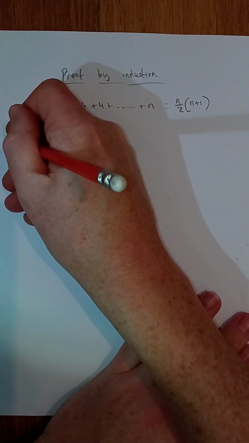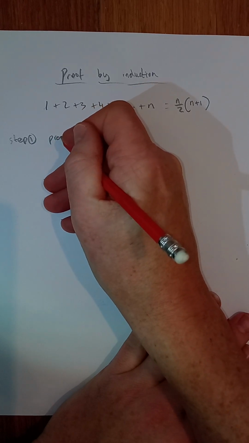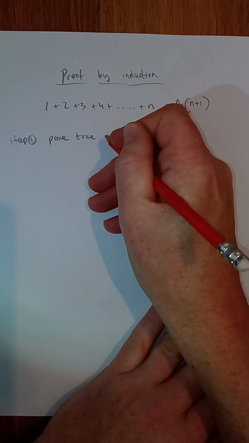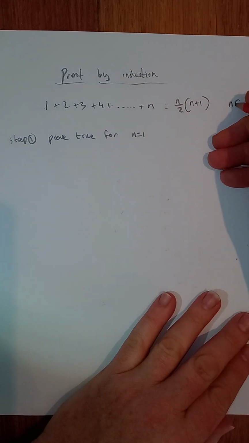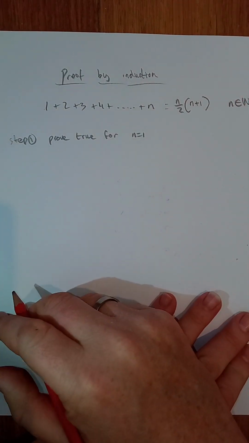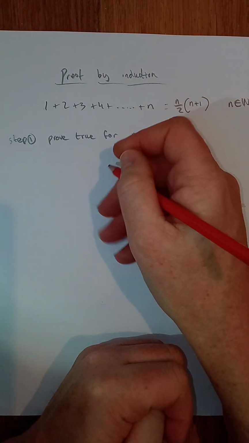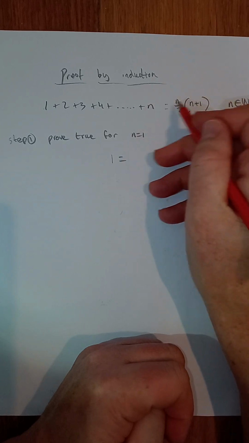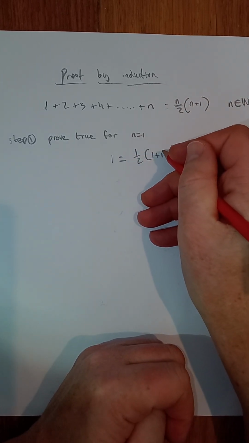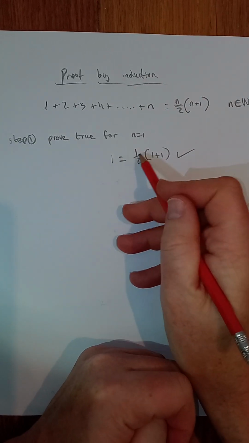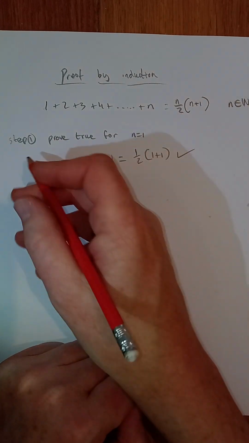So step one: prove it's true for n equals 1, the first natural number, and obviously n an element of the natural numbers. So let's prove it's true. If n is 1, then 1 should be equal to 1 over 2 times 1 plus 1, and that's true. 1 is equal to a half of 2. That's true.